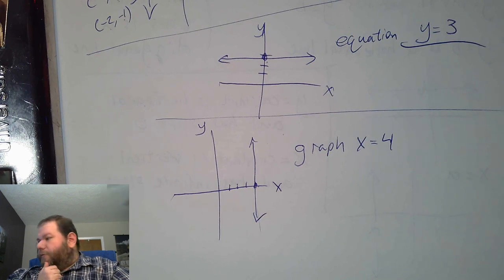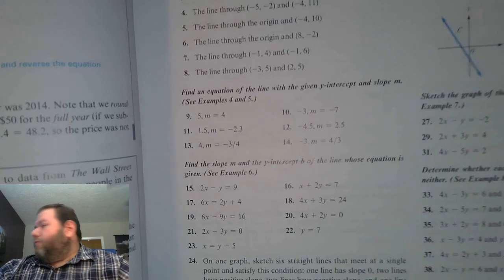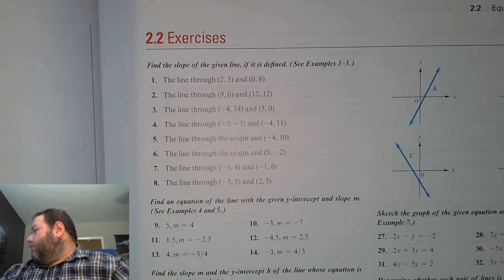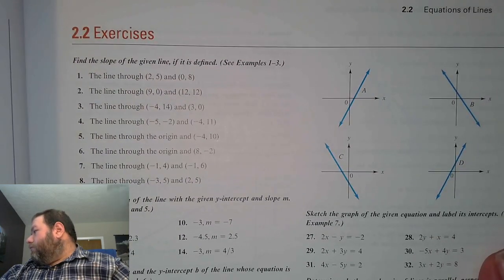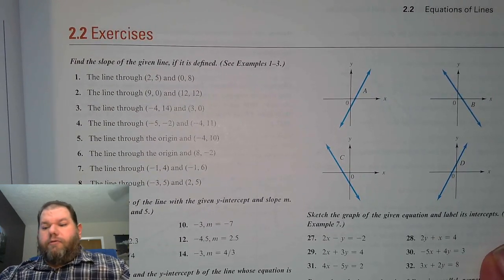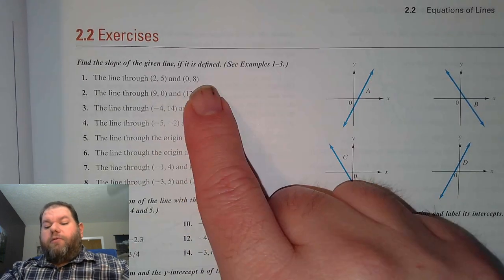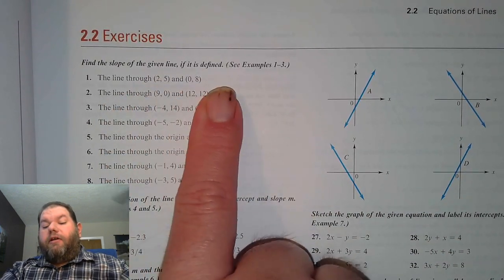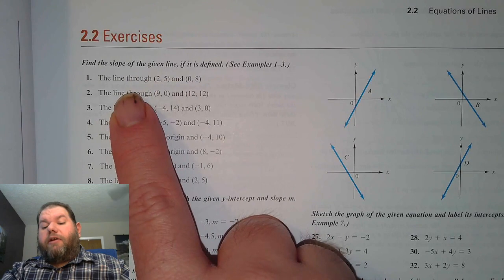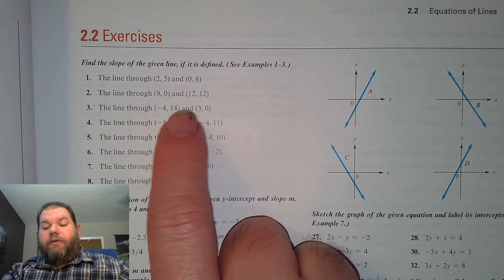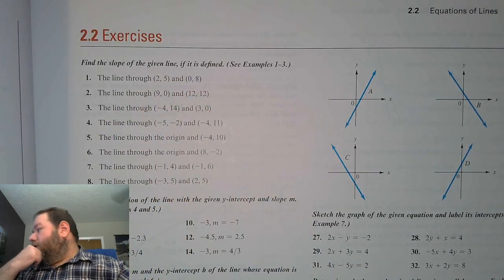I want us to look at some of the problems on page 85. Again, section 2.2. For the first problems, we want to find the slope of the line that contains these 2 points for each of these problems.